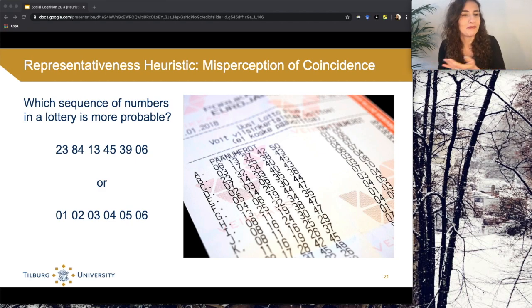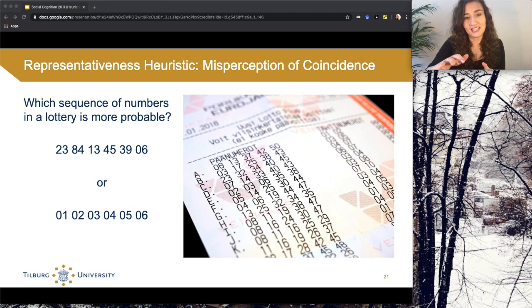And 1, 2, 3, 4, 5 doesn't look like a typical sequence of random numbers. So because of this idea that something is more representative for its category, that's where we would get this kind of distortion in judgments from.